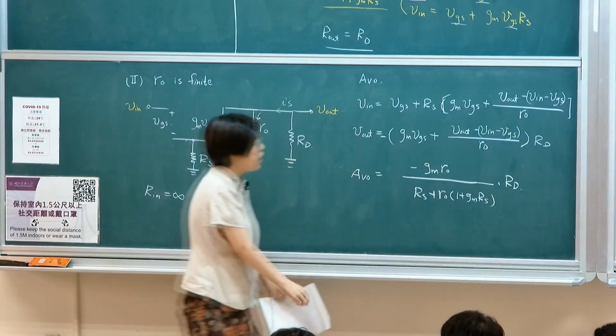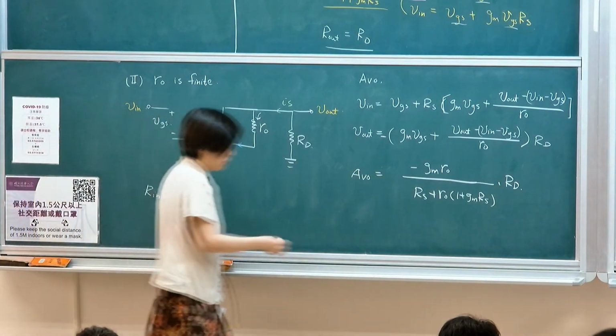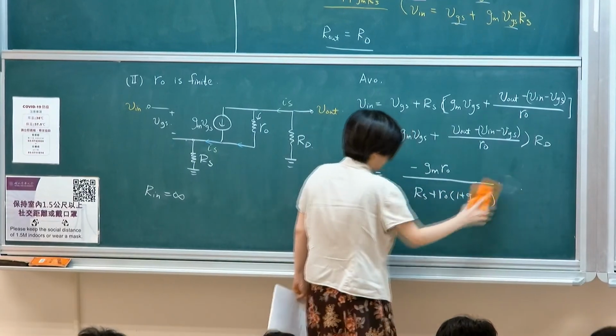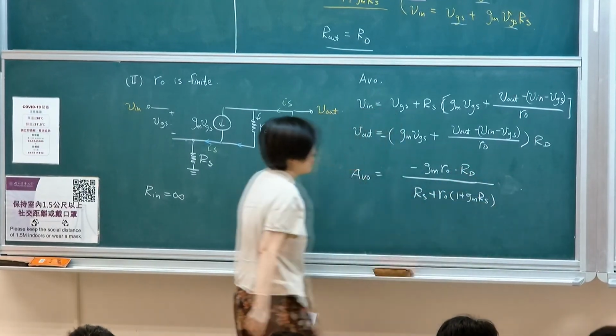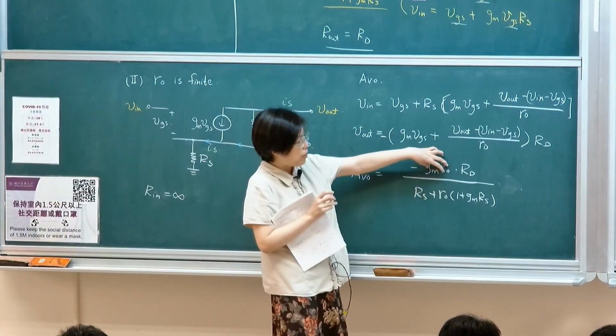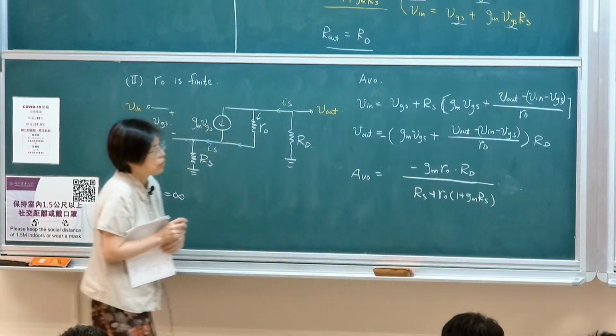It looks slightly complicated, but it will converge to simpler results. It should be a unitless number because GM RO is a unitless number and the ratio between resistors.